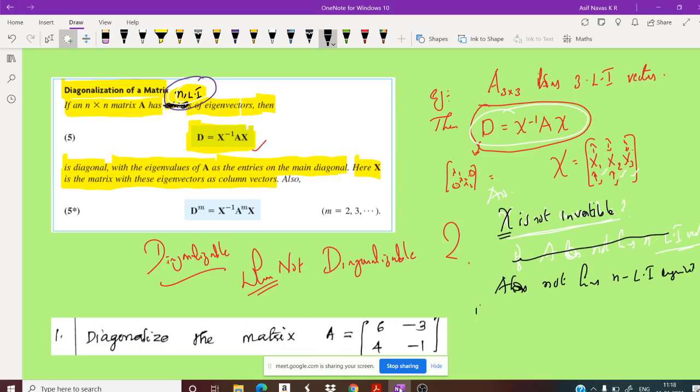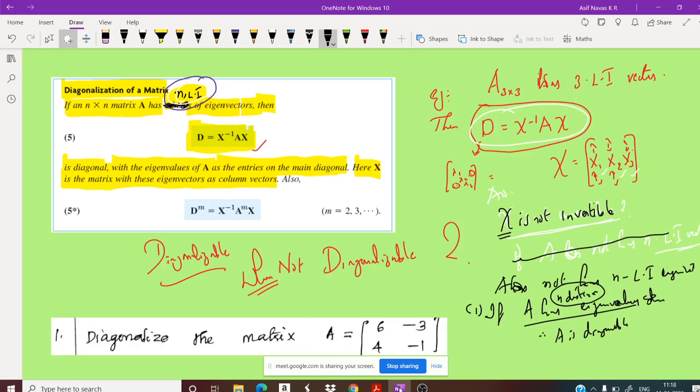One thing is sure: if A has n distinct eigenvalues, then for each eigenvalue we get an eigenvector, and these are linearly independent. Therefore, if A has distinct eigenvalues, then A is diagonalizable.